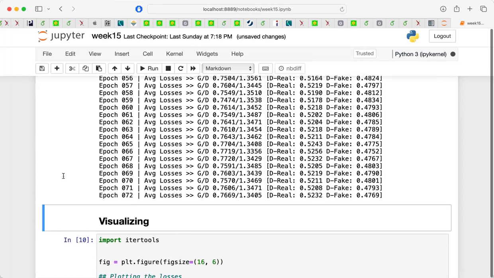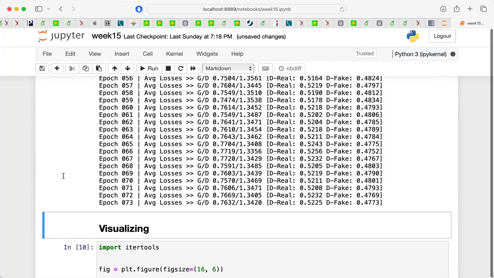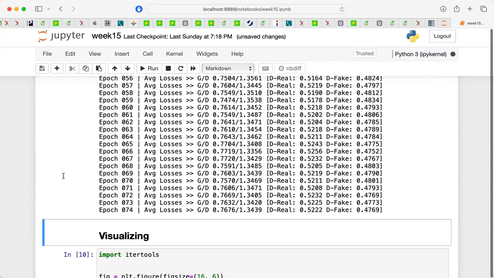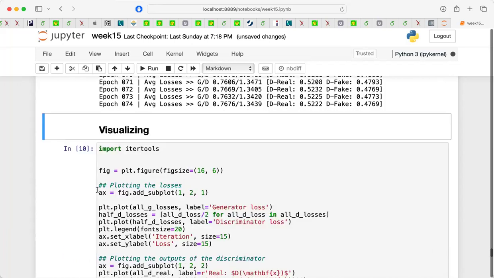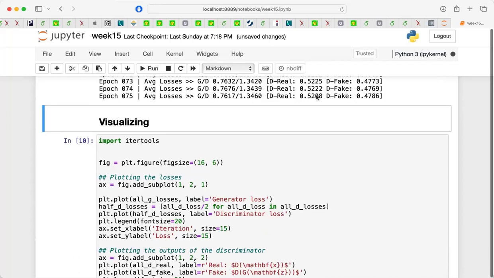I do think that we should soon be there. I'll need to remind myself of how many epochs we had. I think we have 100 epochs here. So this is still going to run a little bit, but we should have time for some questions.